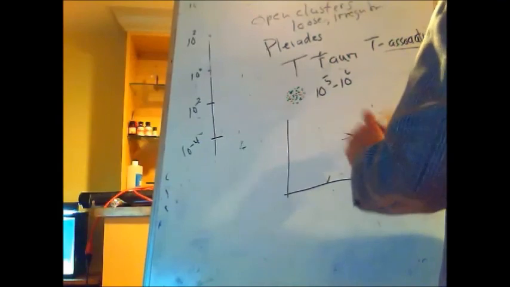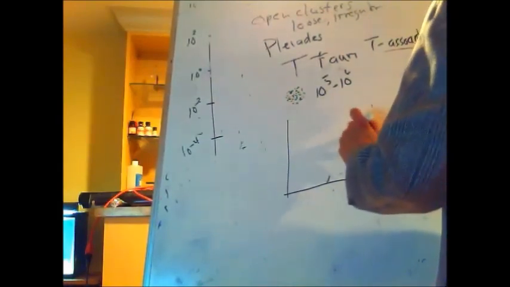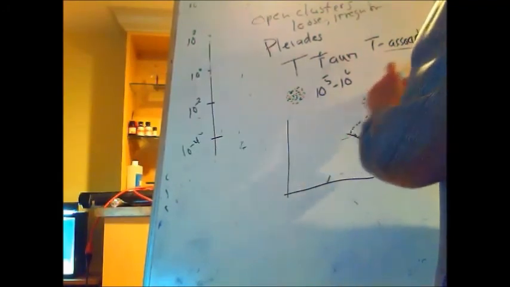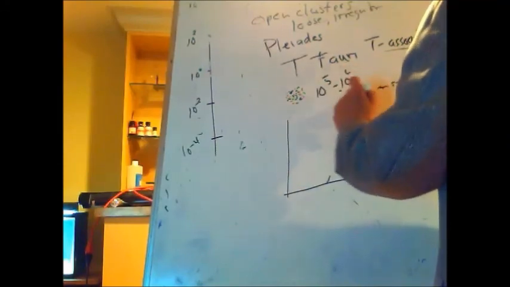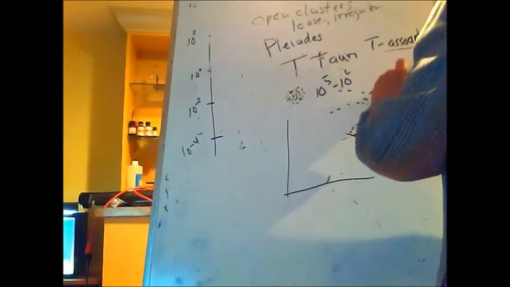And you'll see a lot of stars of lower masses. And then you'll see a bunch of stars out here, and stars in the red giant region. There'll be a lot of stars out there, and there'll be stars off here and here. But you'll see a lot of red giants.